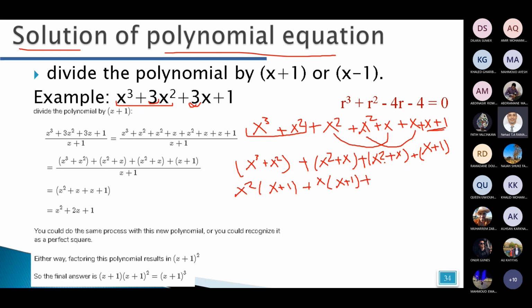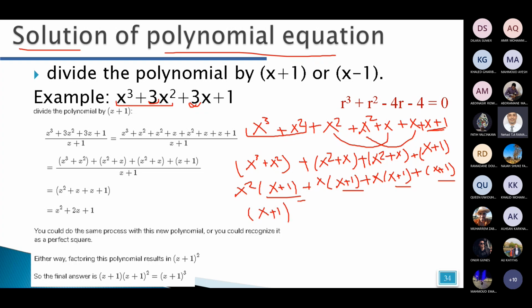Plus, I will take x outside from here. So what remains inside? x plus 1 as a common factor here. And plus here, x plus 1 as it is. So we have x plus 1, x plus 1, x plus 1, x plus 1. We can get it outside, x plus 1 as a common factor.